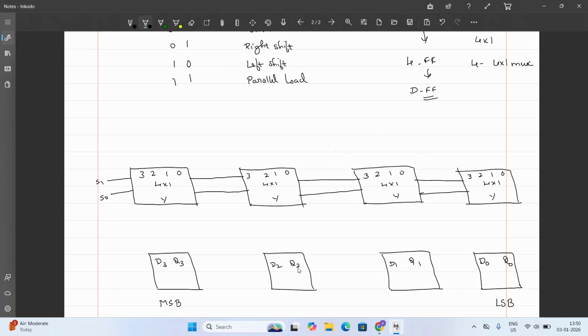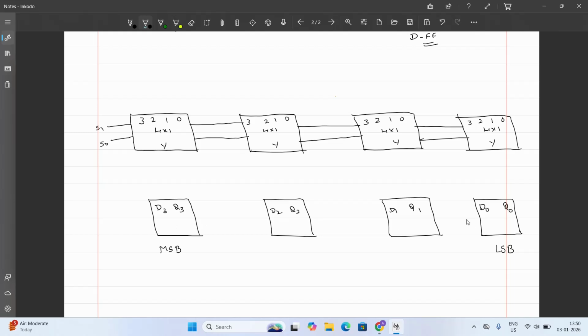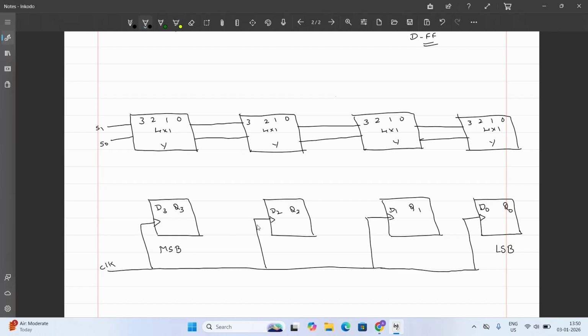One more thing: all the flip-flops will run on the same clock, so you have to give a common clock to all of them. It can be positive edge triggered or negative edge triggered, that doesn't matter, but make sure all of them are connected to the common clock signal. So your outer circuit is ready.